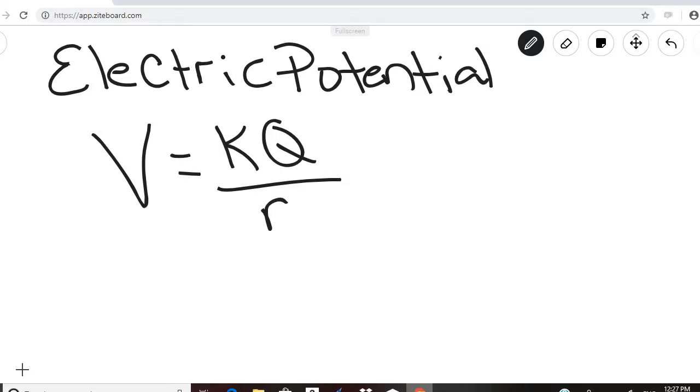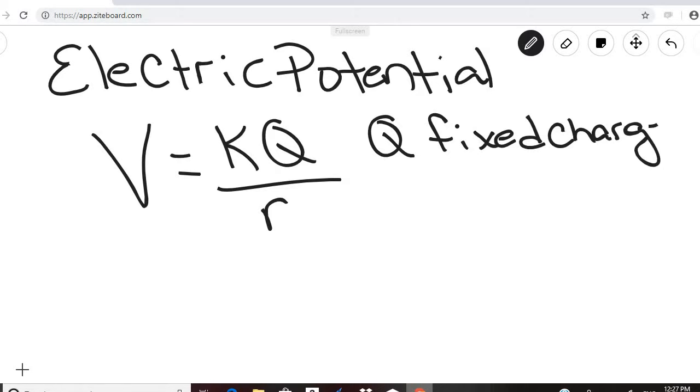K we have already seen is Coulomb's constant. You'll be given the value for that. Q is the fixed charge, so it's the magnitude of the fixed charge, and we'll see in a moment that unlike when we calculate electrostatic force, when we're calculating electric potential, you need to include the sign.